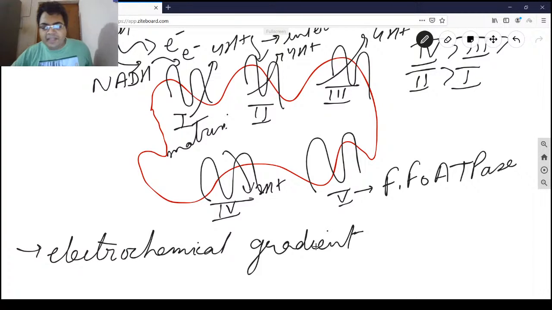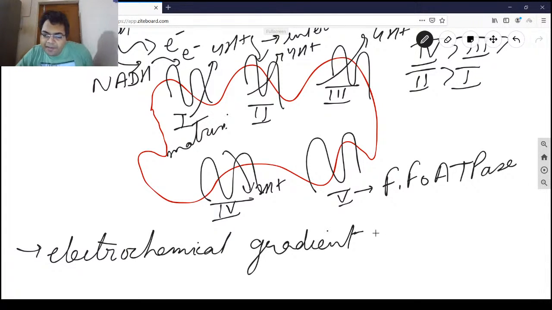How? Look here. All the H plus present in the matrix of the mitochondrion, inside the inner membrane, is being pumped into the intermembrane space, right? Since it has been pumped into the intermembrane space, what does that mean? It means more and more H plus is now in the intermembrane space compared to the matrix, right?